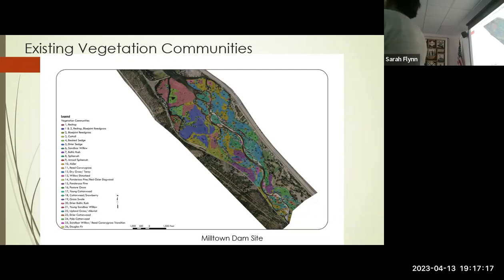We came up with 26 different vegetation types for the most part. Some of those were desired vegetation communities like existing cottonwood stands, wetland swales. Others were more a disturbance community like riparian pasture and things like that.